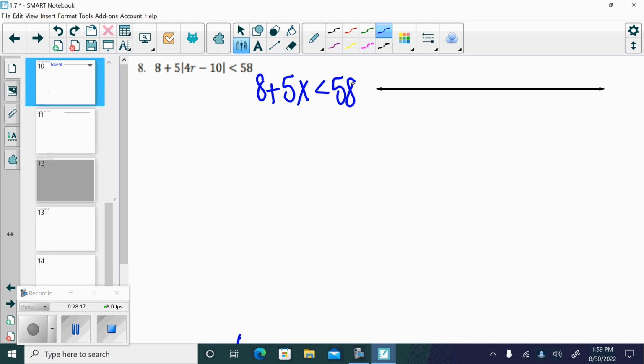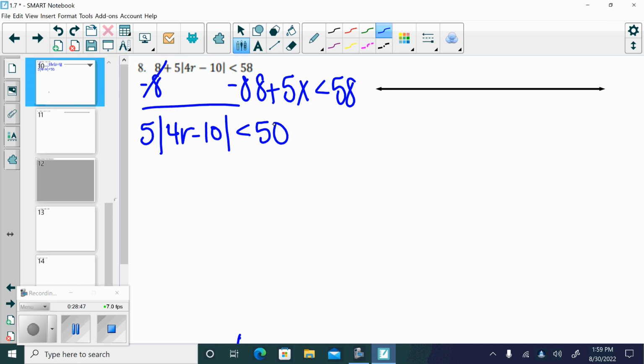So if you had this scenario right here, it's x instead. What would you move first? The 8. So the same thing's going to happen here. You have to subtract that 8 first. Because you have to get whatever is stuck with the x alone first. So whatever is stuck with the absolute value needs to be alone first. So I have 5 times the absolute value of 4r minus 10 is less than, what's 58 minus 8? 50.